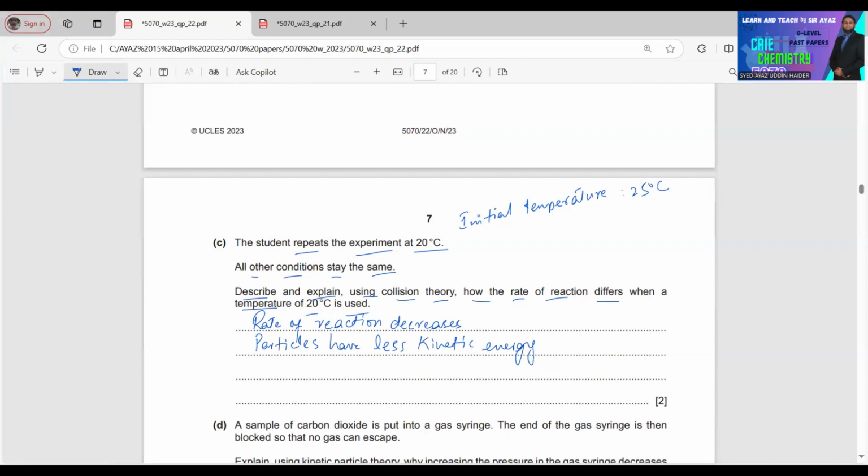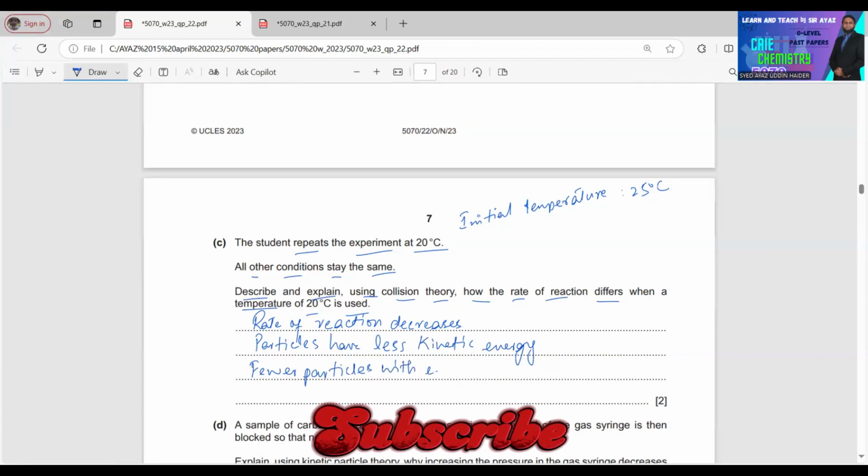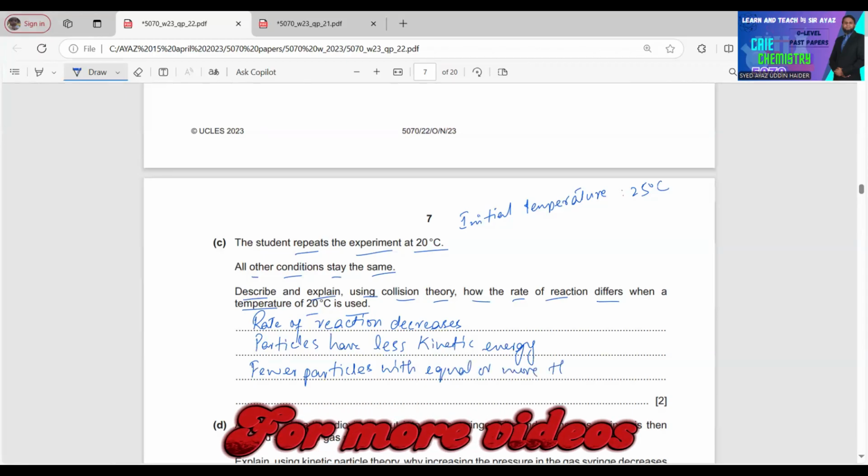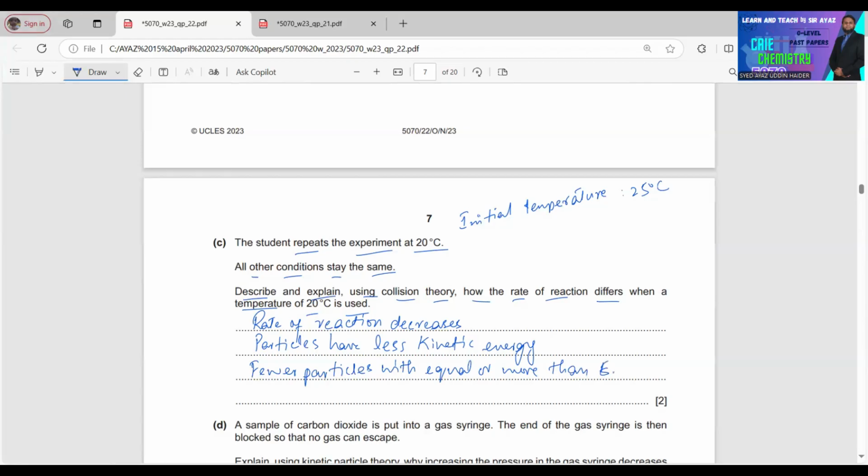So you can write this: fewer particles with equal or more than activation energy. EA is activation energy. You can even write fewer successful collisions.